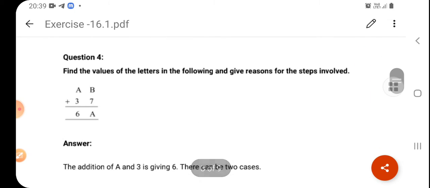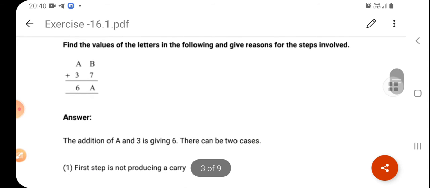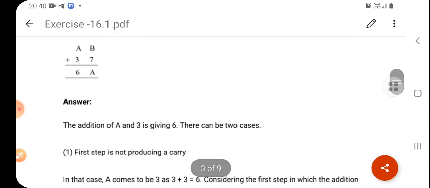Here find the values of the letters again, A and B. On adding 7 with B we will get A. Okay, so there is 3 less in the tens digit, so it will be the addition of A and 3 giving 6 here.